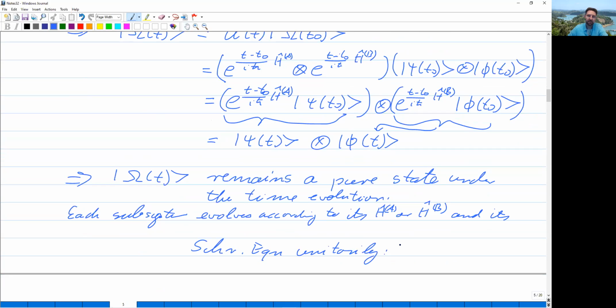Namely, we would have that psi of t is equal to the trace over system B of omega of t. Not enough space to write this.